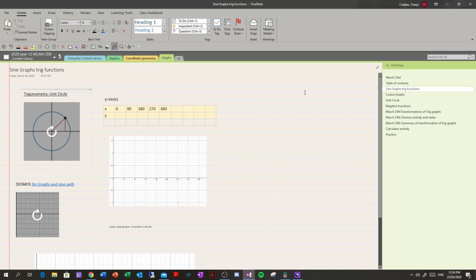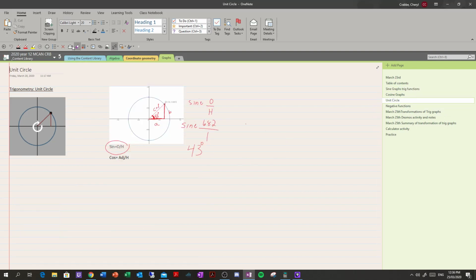Now, the unit circle, this is from the other class, but basically the unit circle is affiliated with our sine and cosine graphs.